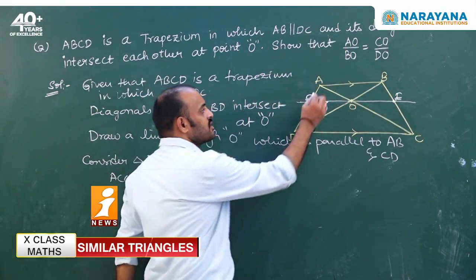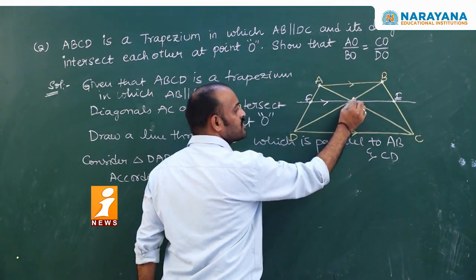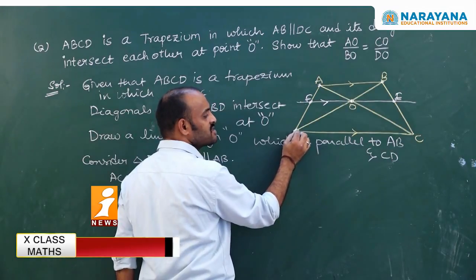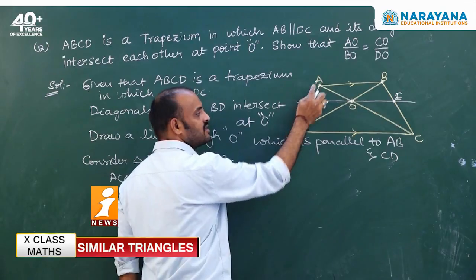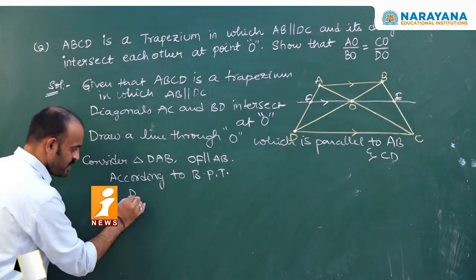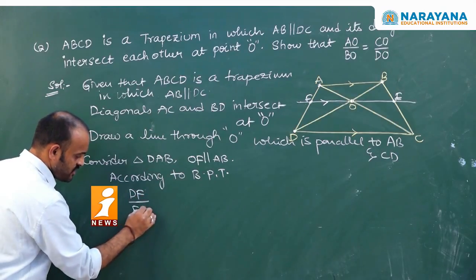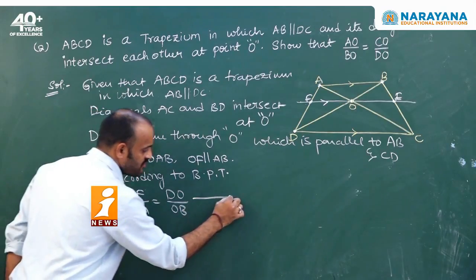That means, AB line is parallel to OF. The remaining vertex in DAB is D. So from here I need to check. DF by FA is equals to DO by OB. This is the first one.